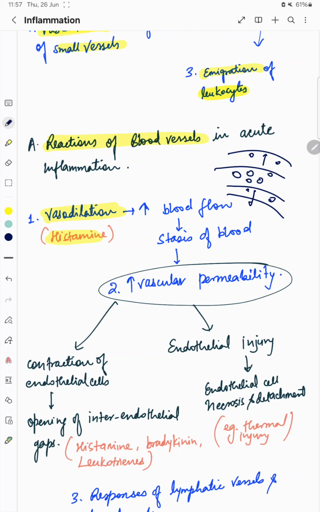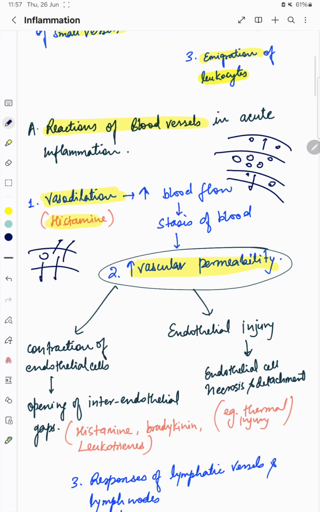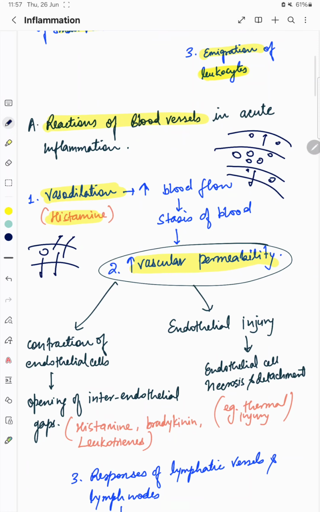The second reaction of blood vessels is increased vascular permeability. There are two mechanisms of increased vascular permeability. One is by the contraction of endothelial cells. As we know, the blood vessel is lined by endothelial cells.